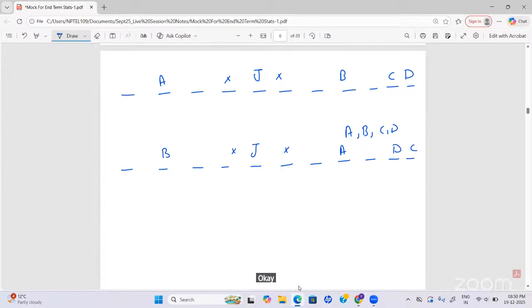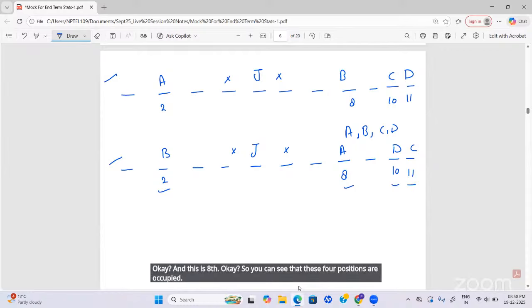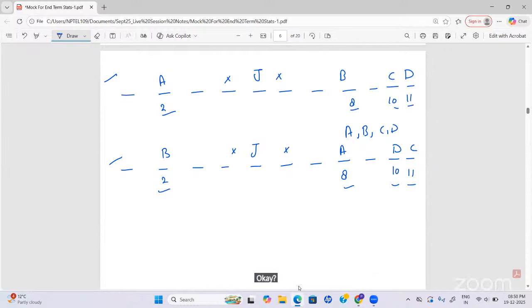So you can see that in both the cases, this is the second position, this is the 11th, 10th, this is 8th. These four positions are occupied. These two will be considered the same, because we are not taking care of whether car A is parked here or car B is parked here.